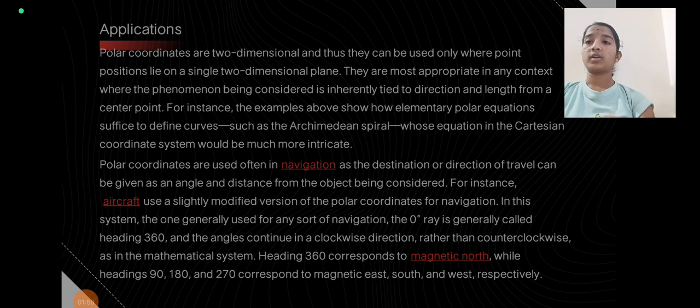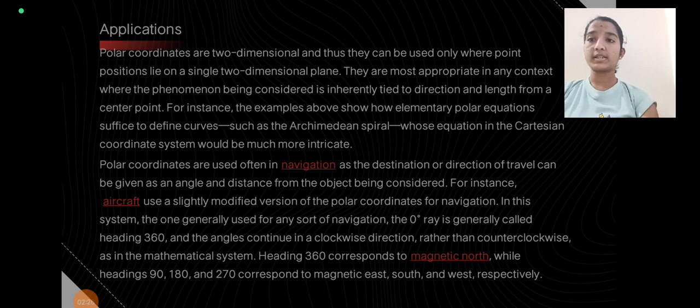Application: polar coordinates are two-dimensional and thus they can be used only where point positions lie on a single two-dimensional plane. They are most appropriate in the context where the phenomenon being considered is inherently tied to direction and length from a center point.